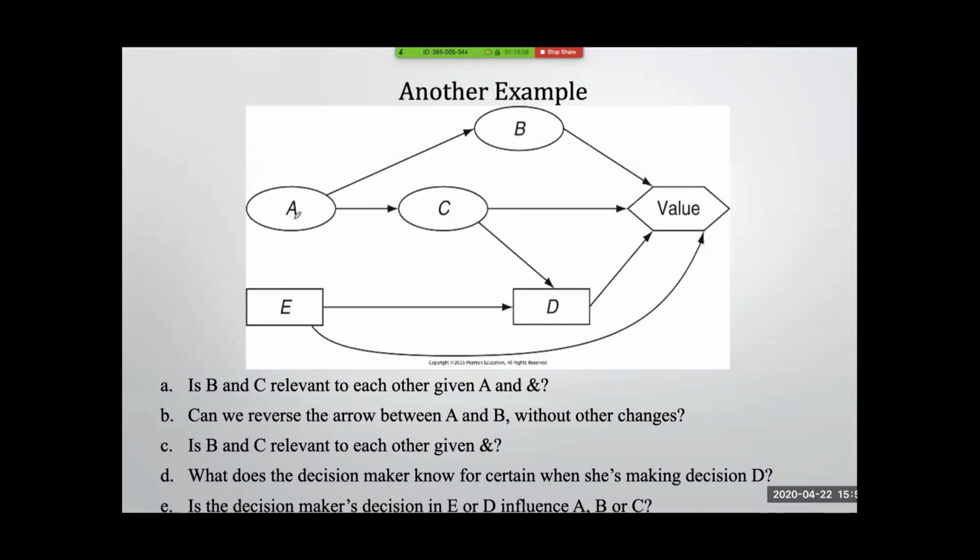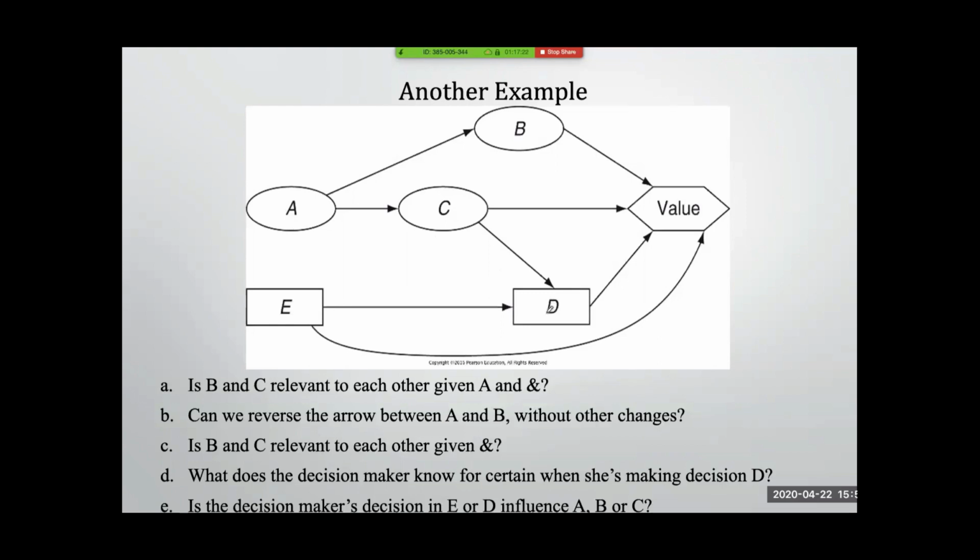Decision E is not sending an arrow to uncertainty A. That means decision E is not influencing uncertainty A. Similarly, E is not influencing uncertainty C or B because there's no arrow from E to either one of these three.